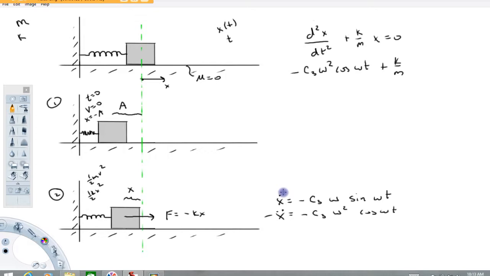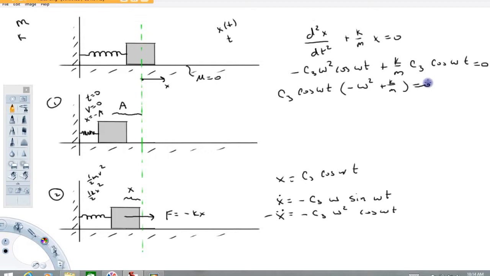X, I erased it, was c3 cosine omega t is what x was. So I'm going to put that value here, c3 cosine omega t equals 0. So we glance this over. Notice that we can factor a c3 out, and we can factor a cosine omega t out, and then we're left with minus omega squared plus k over m equals 0.